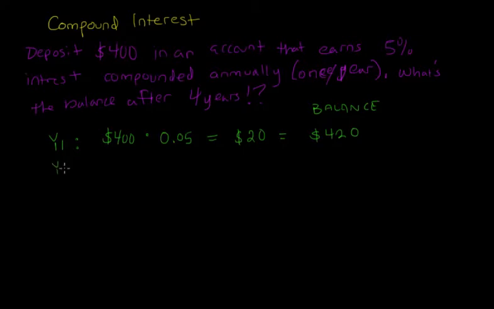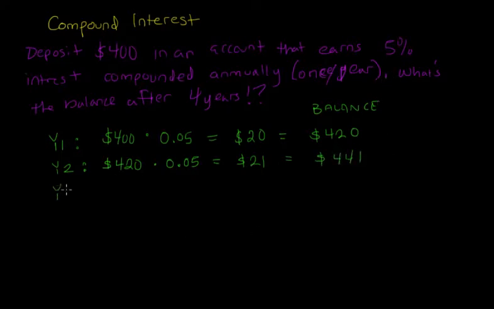Well, at year two, what happens is it gets compounded. So now instead of starting with 400, you're starting with 420 bucks times 0.05, the 5%, and now you earn an interest of $21. So your updated balance is now 441 bucks.